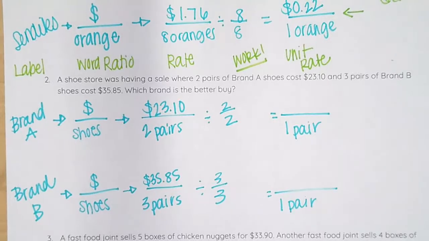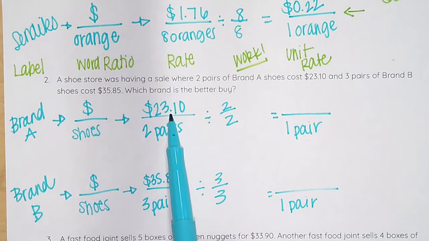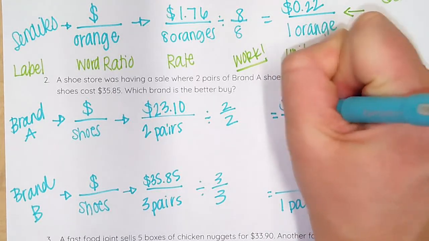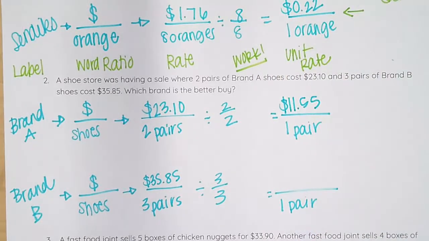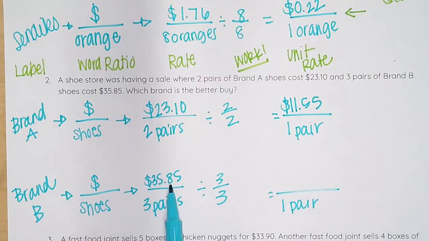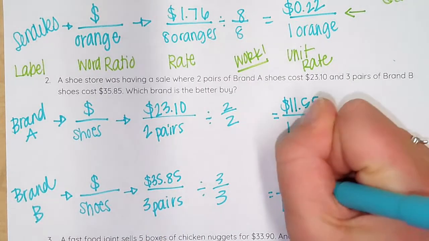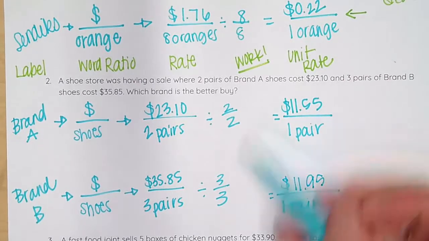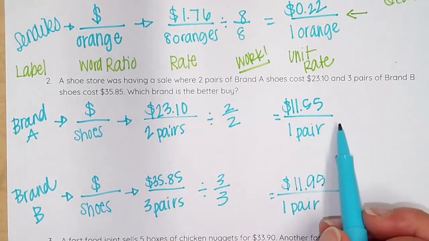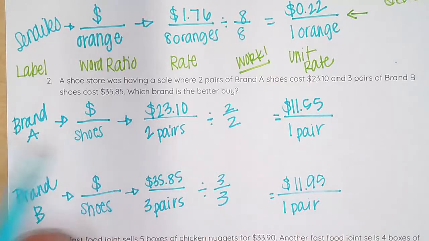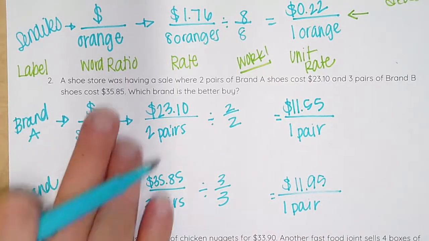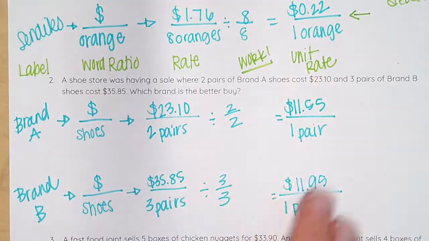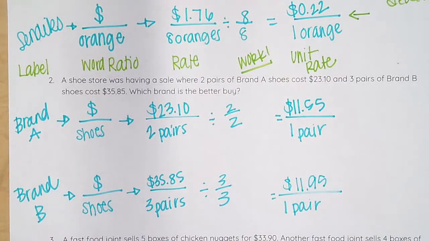Again, I take out my calculator and I say 23.10 divided by 2, which will get me $11.55. And $35.85 divided by 3 gets me $11.95. Now, yes, you can use your calculator to get you to this. Totally fine. However, I do need to see the setup. I need to see the labels, the word ratio, the rates, the division, and the final unit rate.